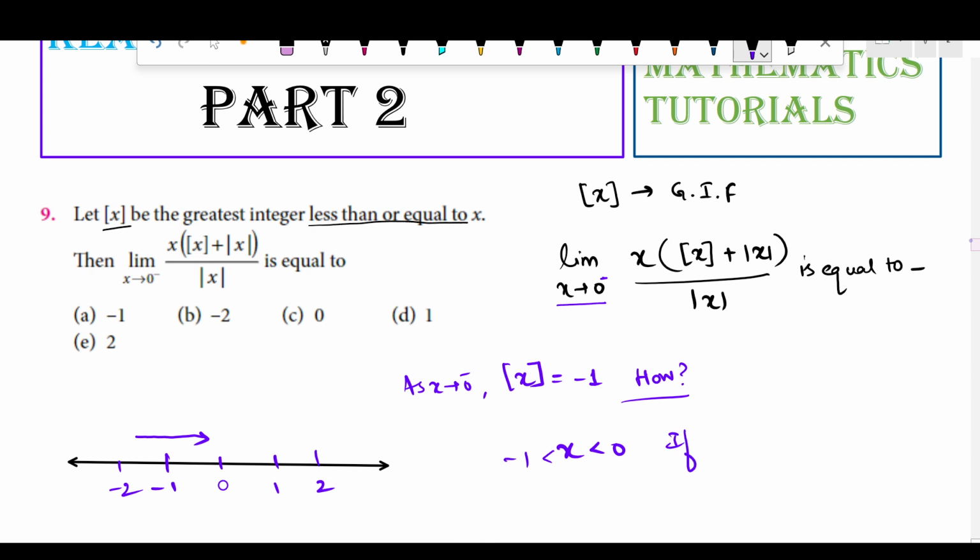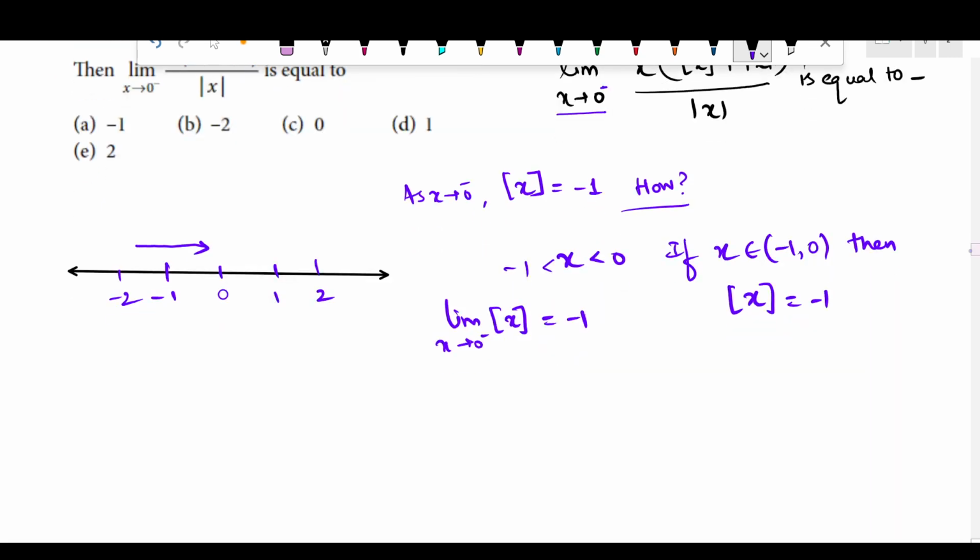So if x belongs to minus 1 comma 0, then the greatest integer function of x will be equal to minus 1, means limit x tending to 0 minus of the greatest integer function of x is minus 1, right? I hope this is clear to all of you.